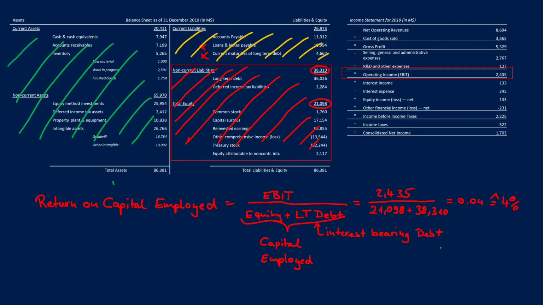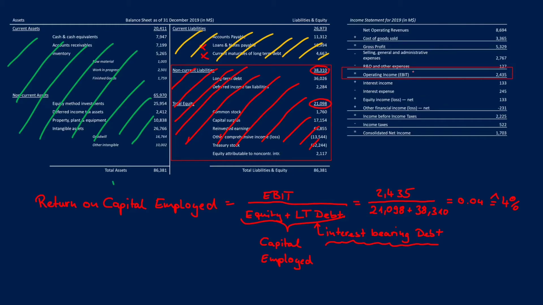Well, why now do we take into account total equity and liabilities and the interest-bearing debt down here? Because the EBIT is before financing.